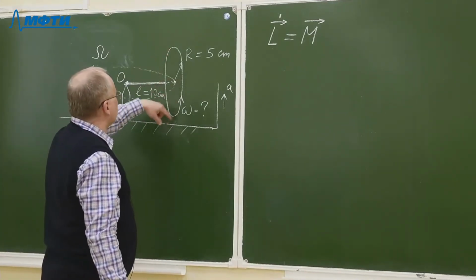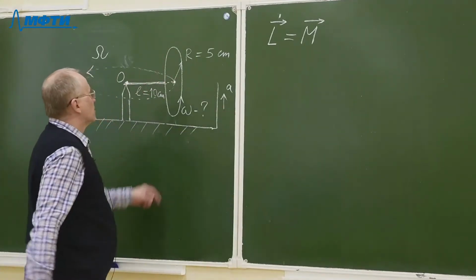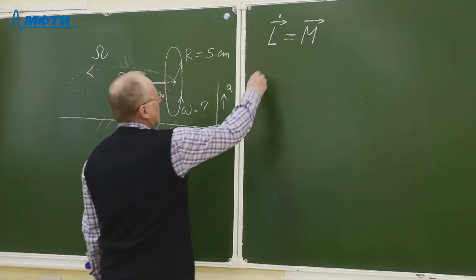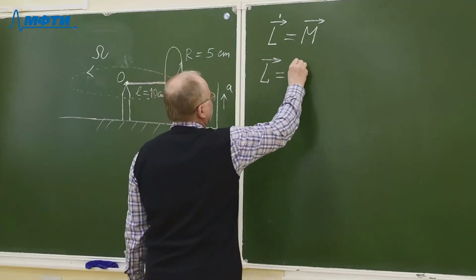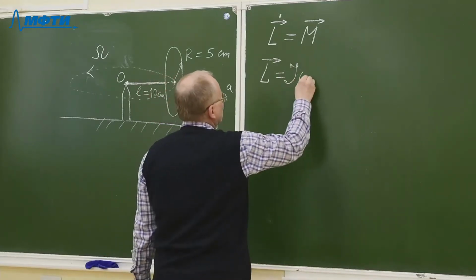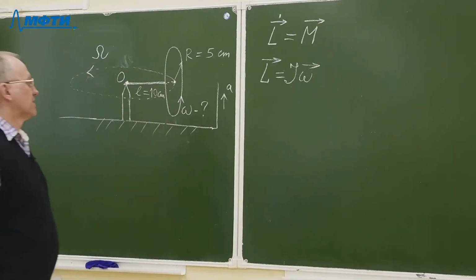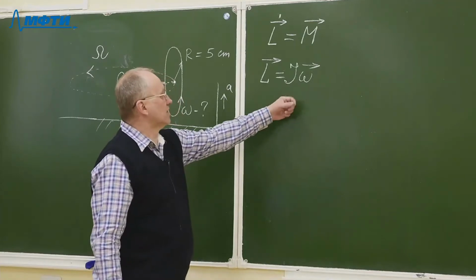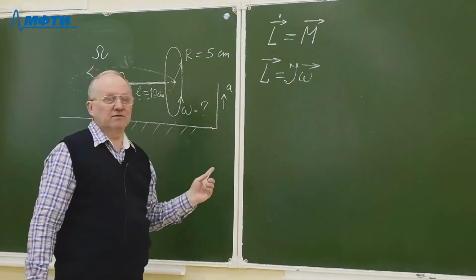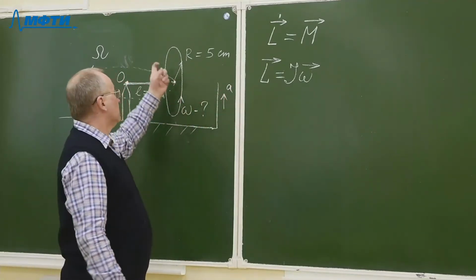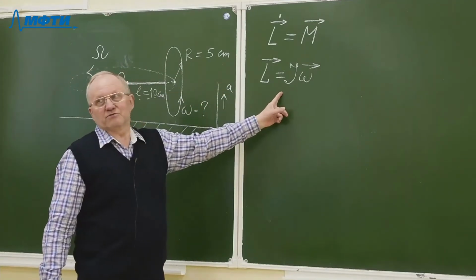As the disk is uniform and symmetric with respect to the axis of rotation, then angular momentum can be presented as a moment of inertia times angular velocity. Such a formula can be applied only in case the disk or a body is symmetric with respect to the axis of rotation. If this rotating body is non-symmetric, then this would be incorrect.